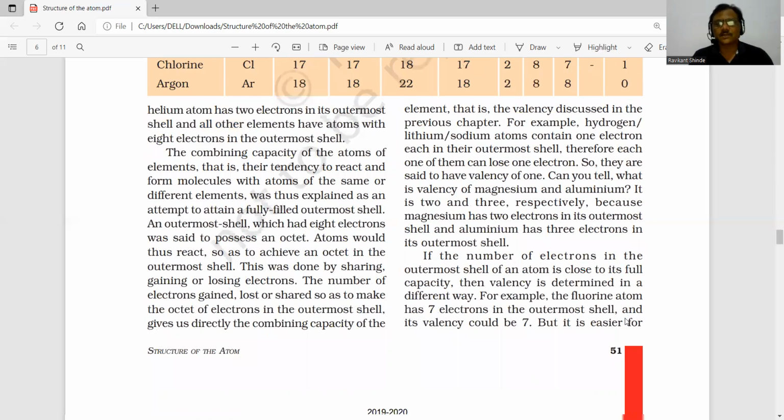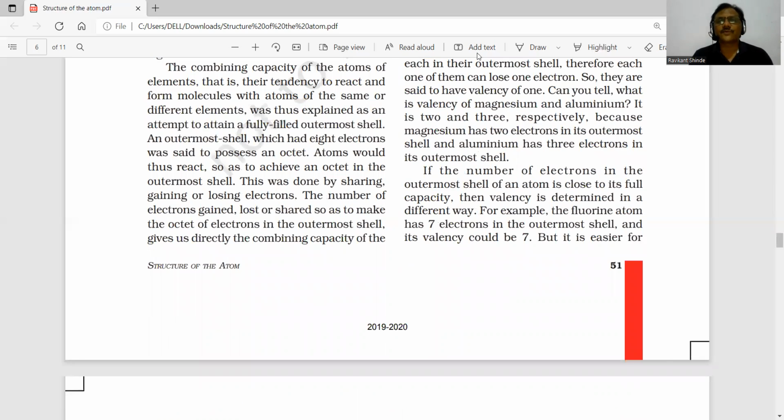So there's a formula. Suppose this is A, represented as the atomic mass. So what is the atomic mass of aluminium?